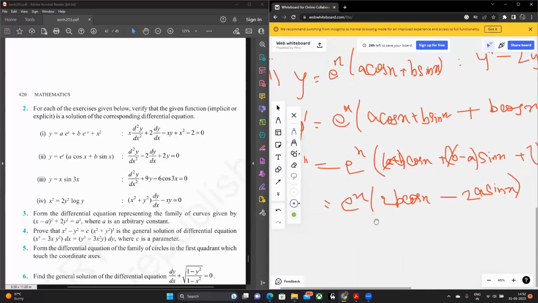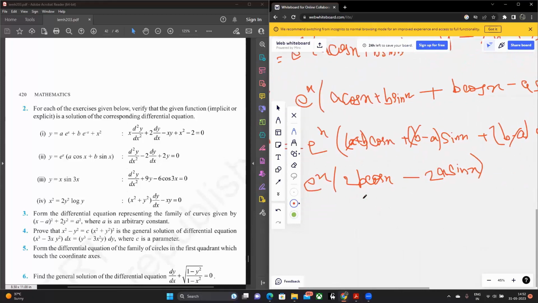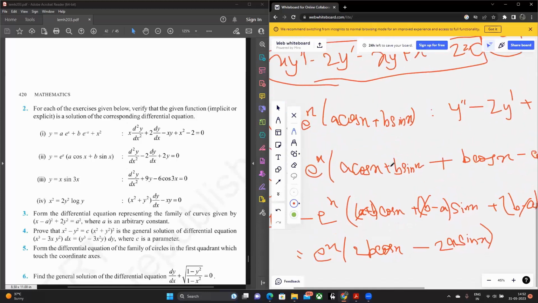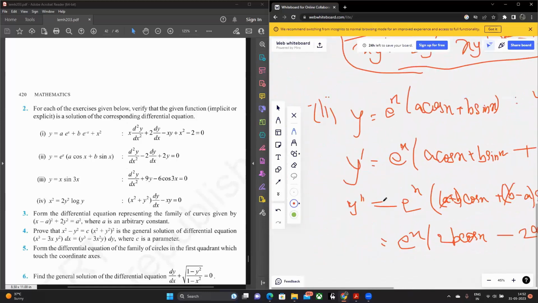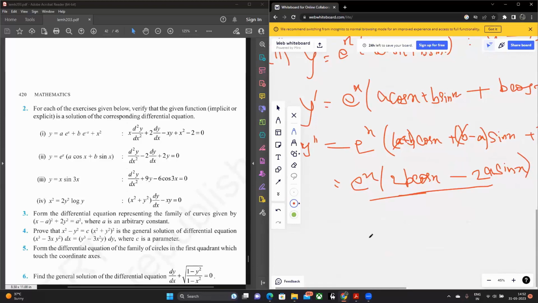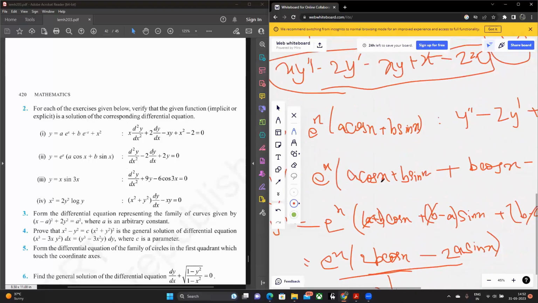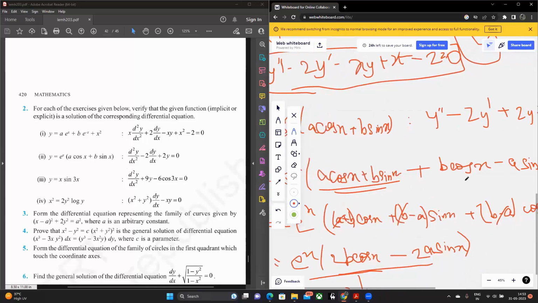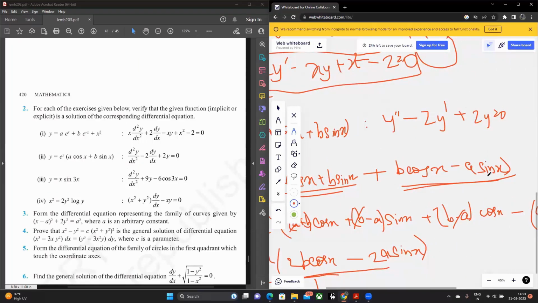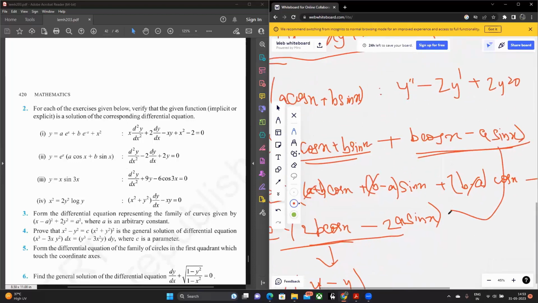This term is basically twice of y' minus y. Because you can see y' is basically this, this is y, the part of the term that corresponds to y, and this is the term over here.